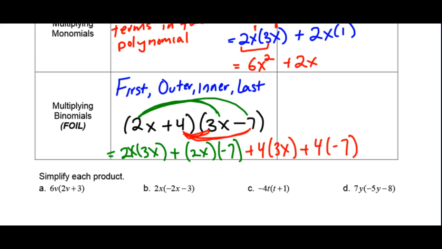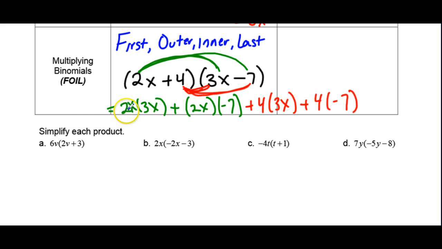All right. So if you guys don't understand the FOIL system, all you really have to do is take the first number, multiply the first, multiply the second, take the second number, multiply the first, multiply the second. All right. So we have this right here. All we got to do now is simplify. 2 times 3 is 6, all right? X times x is x squared, right?